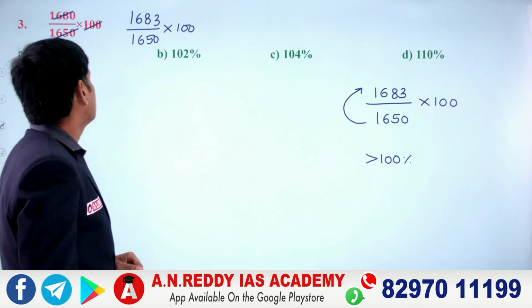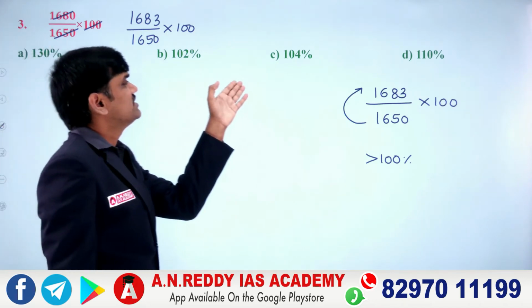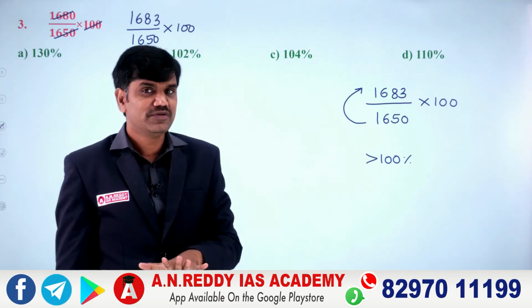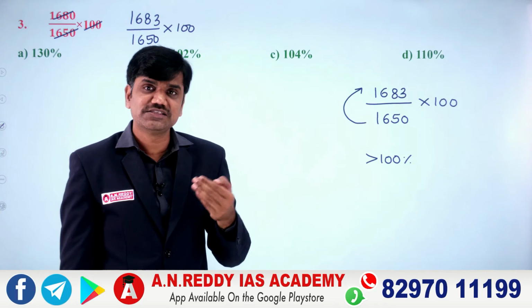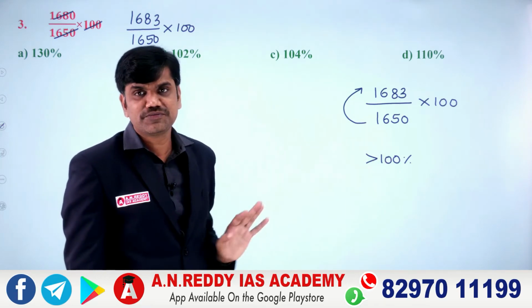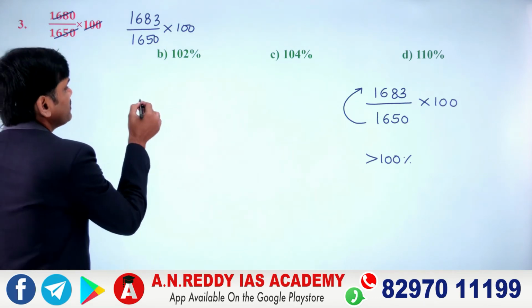Check the options which are less than 100%, if any. There is no option which is less than 100%, so I am unable to eliminate any option as of now. If there were any options less than 100%, I would have eliminated with this. As all are more than 100%, I will check further.